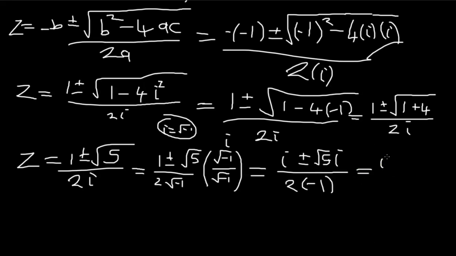So I'm going to have i plus or minus i root 5 over negative 2.